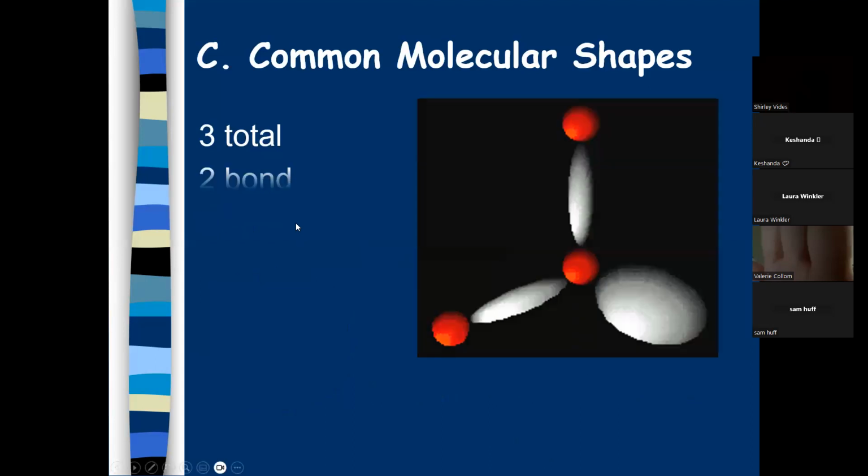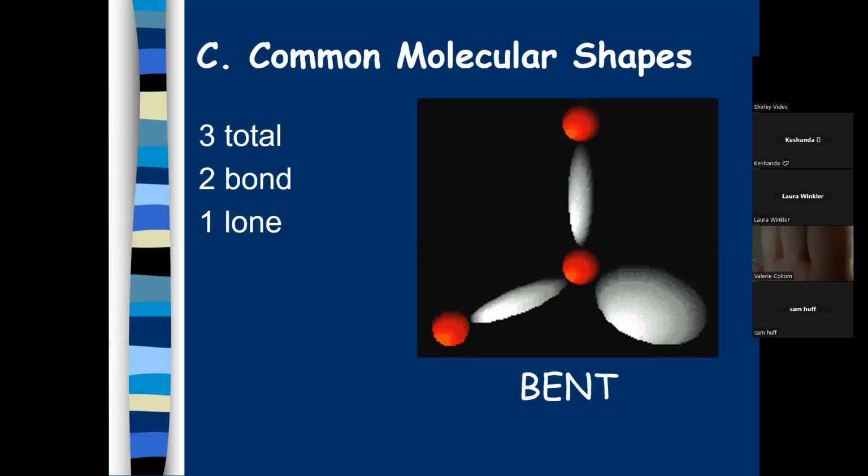Okay, so let's look at another one. Here's one. This looks like an egg, I know. This is a lone pair. So here you have 3 total, 2 bond, and 1 lone pair. So how does that work? Okay, well, let's look at it. This shape is bent.